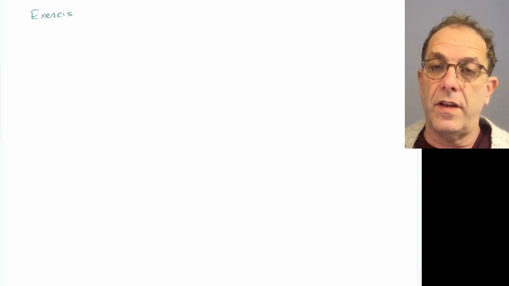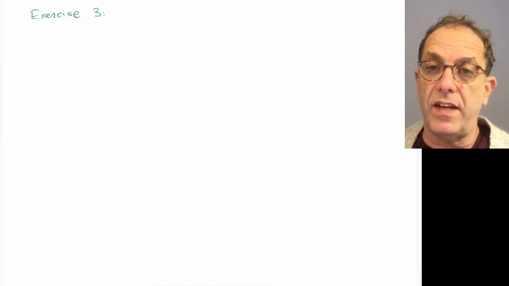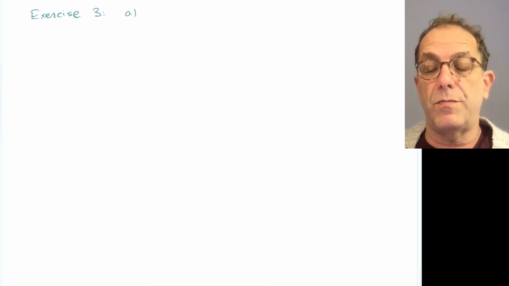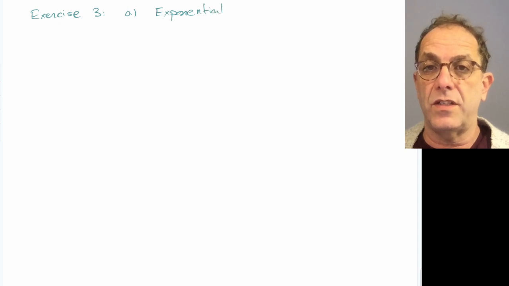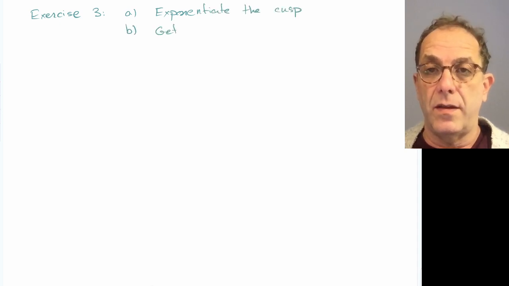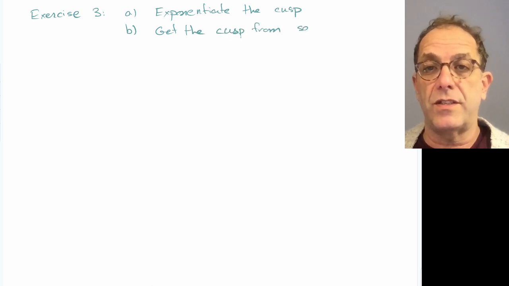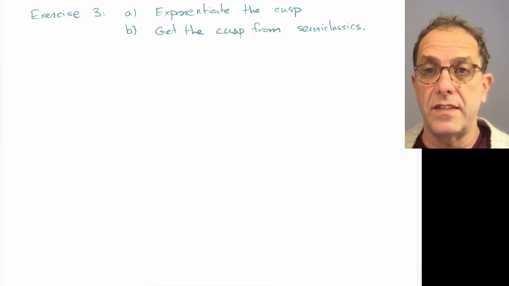So exercise 3 will be with the cusp, and the first part would be to exponentiate this calculation, which is very similar to the exponentiation of the parallel lines. The second part of the question is to evaluate this using semi-classics to get this result from electrostatics.